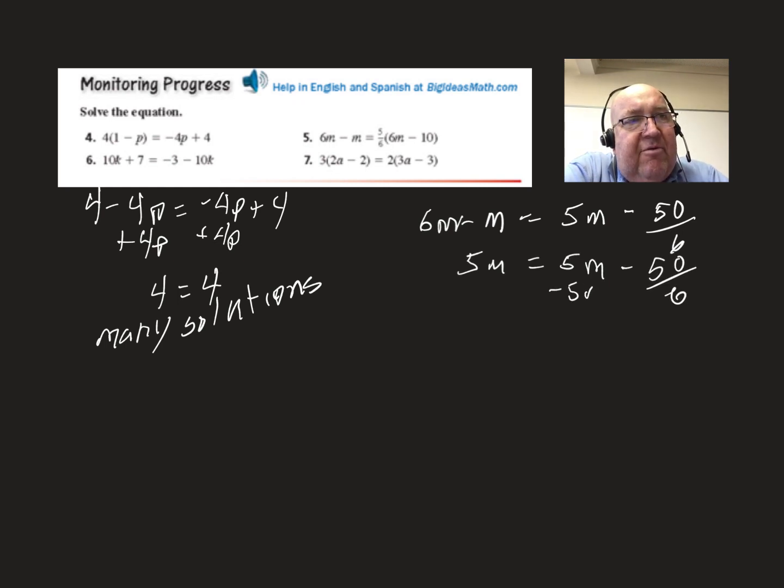Subtract 5m from both sides. We get 0 is equal to negative 50 over 6, so there's no solution.